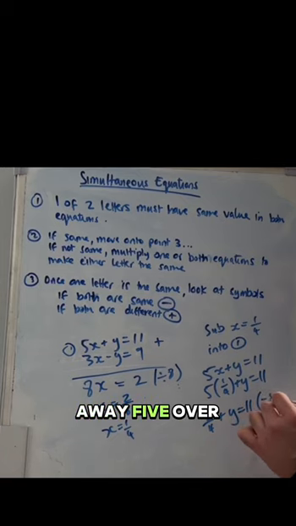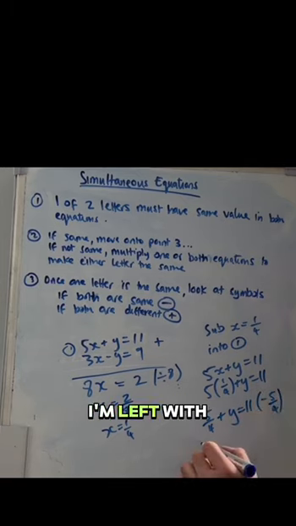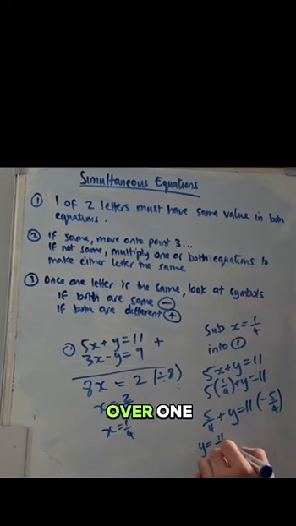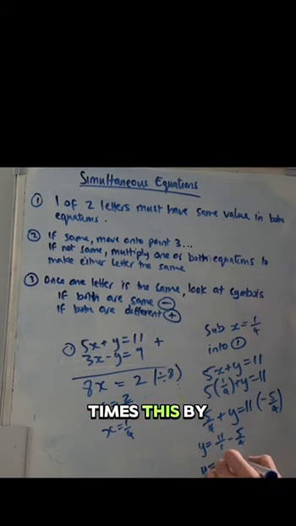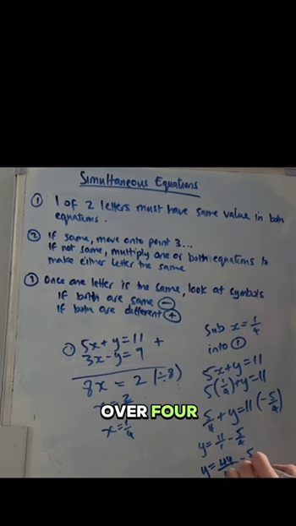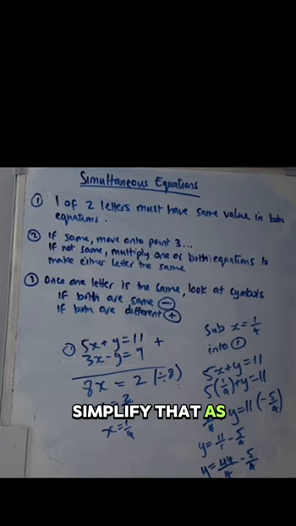If I take away 5 over 4, y equals 11 over 1 take away 5 over 4. If I times by 4, that's 44 over 4 take away 5 over 4, which leaves 39 over 4. I can simplify that: 4 goes into 39 nine times, with remainder 3 out of 4. And that's my next example done.